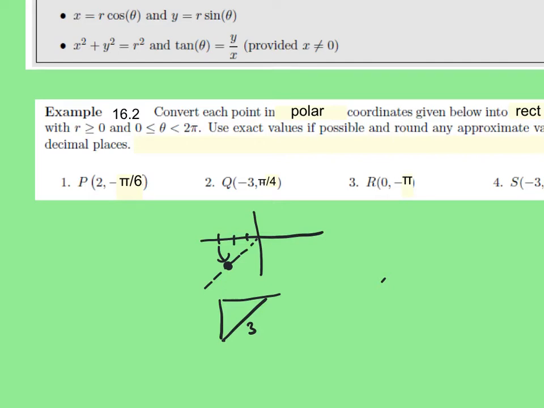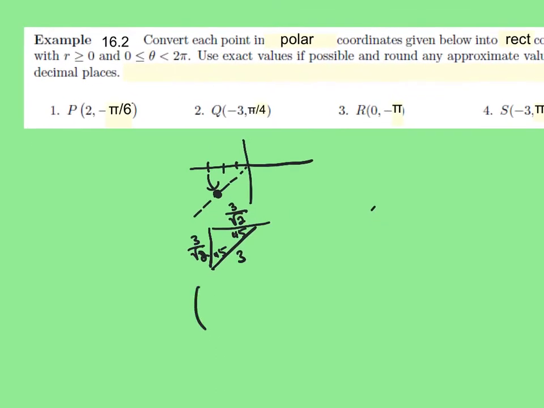This is a special right. They are all going to be special rights. This is a 45, 45, 90 triangle, which means that this side is 3 over root 2, and this side is 3 over root 2. Now we're in quadrant 3, so we're going to want to make sure that it's negative 3 over root 2 and negative 3 over root 2. Here is polar. Here is rectangular.